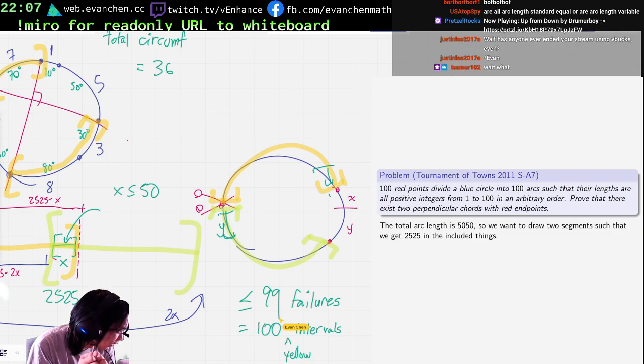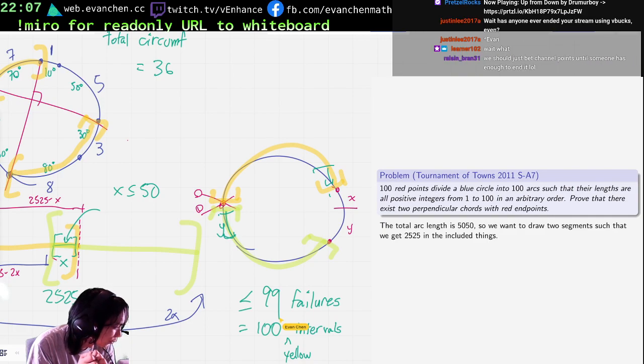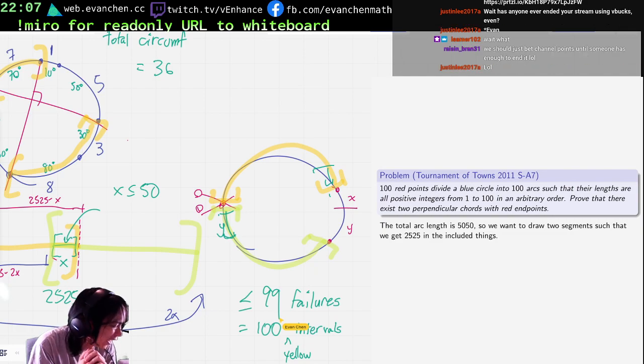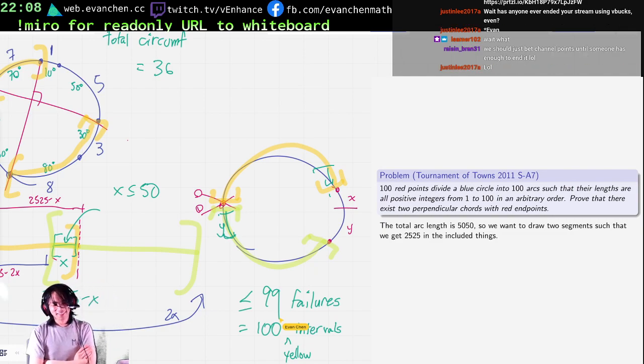Are all arc length standard equal or arc length variable? I'm not sure what that question means. Has anyone ever ended your stream using channel points? No, not even close. If someone ever gets enough channel points to end the stream, I think that's a good cue for me to retire.